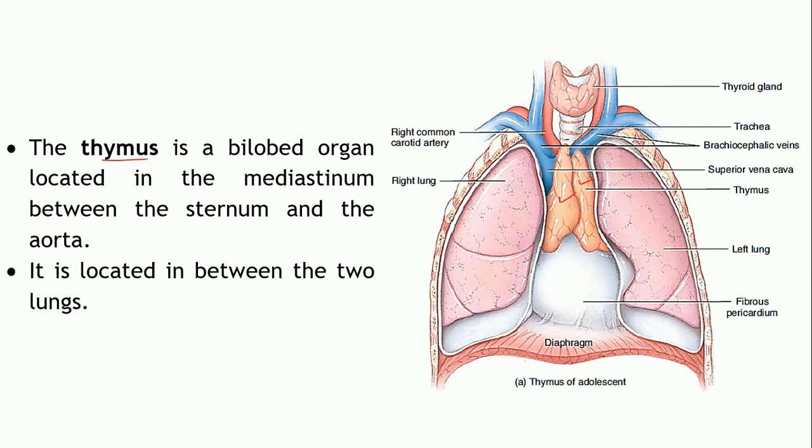As we have seen, it is bilobed in nature, comprising two lobes, and it is located in the mediastinum, the area where the heart is located. This organ is located in between the two lungs, the right lung and the left lung.